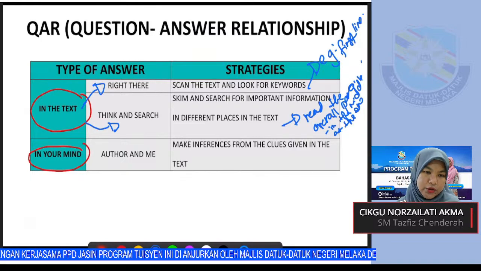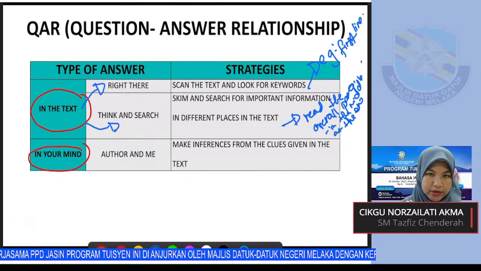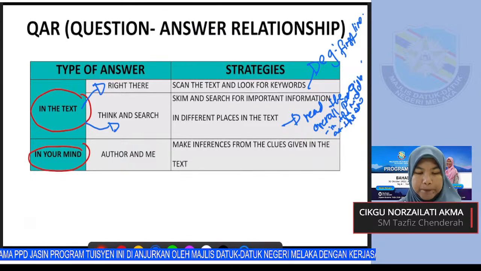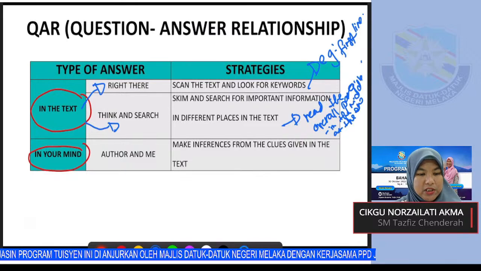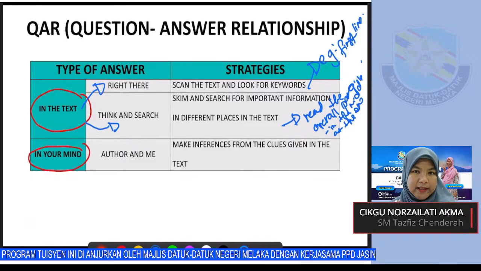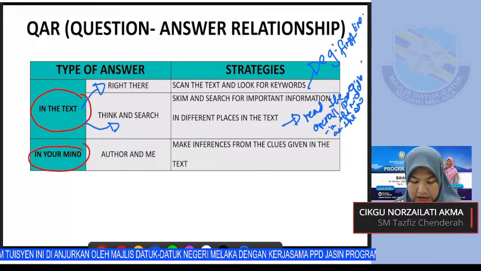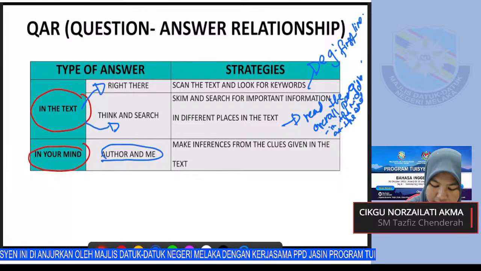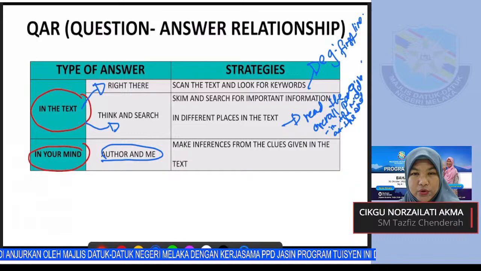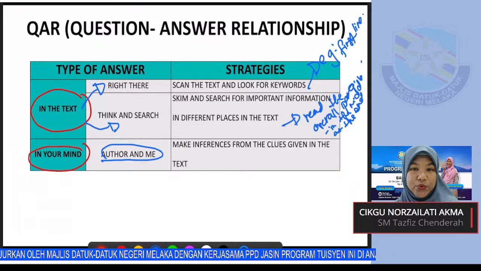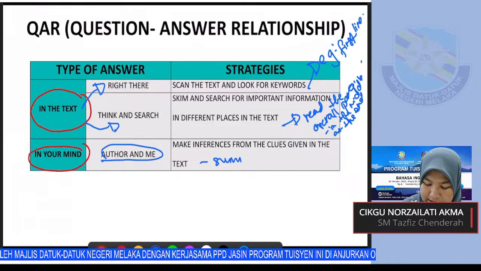It means you need to read more to find it, compared to the first type of answer. And the second type of answer, where you need to do more thinking, is in your mind. It depends on the author and you. Here will be a bit difficult because you need to make inferences from the clues given in the text. You need to summarize the idea.